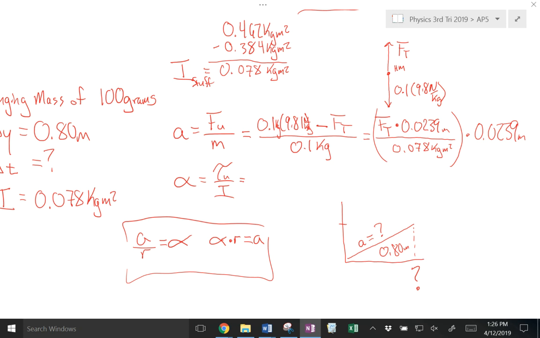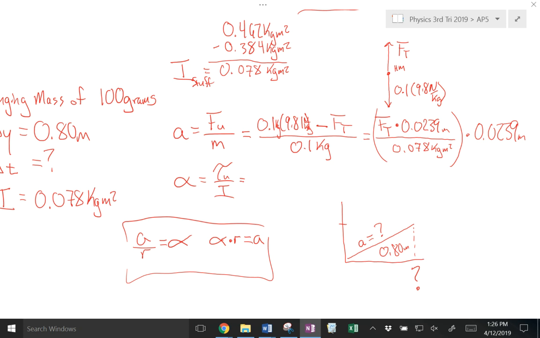So that equals this. Because we're finding F_T, you can just solve it that way. Divided by 0.07. What are you doing? I'm solving it.